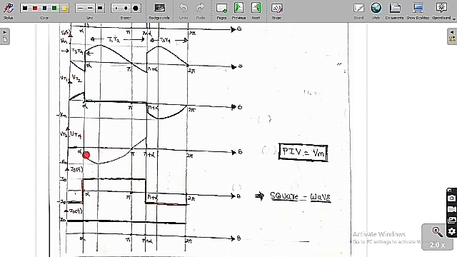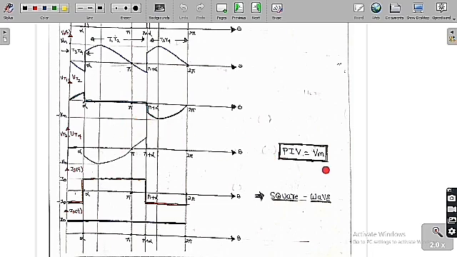So only for alpha to pi they face a reverse voltage, and the circuit turn-off time is pi minus alpha by omega. From pi to pi plus alpha they face a forward blocking voltage, and from pi plus alpha to 2 pi they are again on, so the voltage across them is 0. The peak inverse voltage of T1, T2, T3, T4 is Vm.